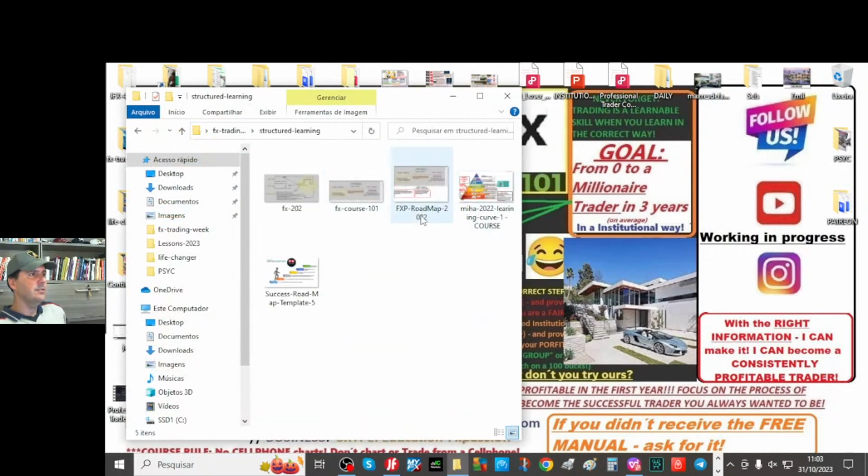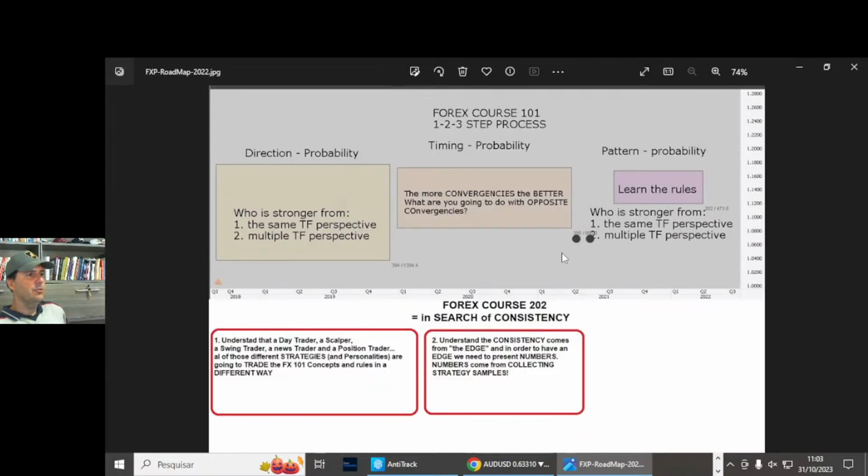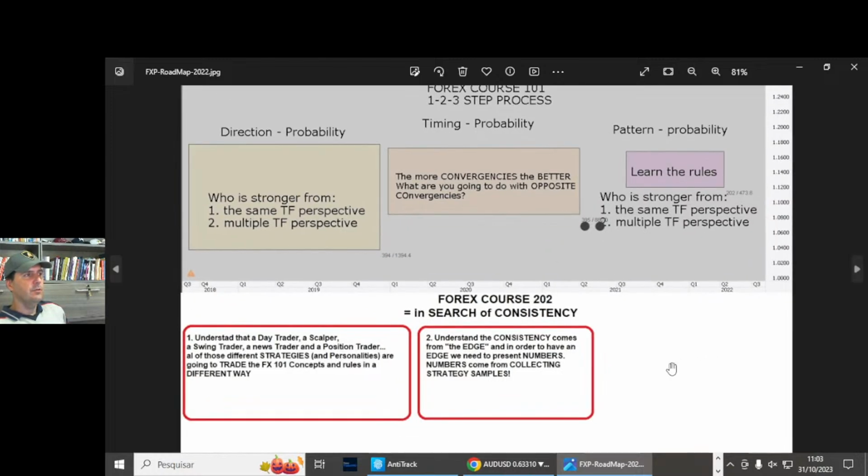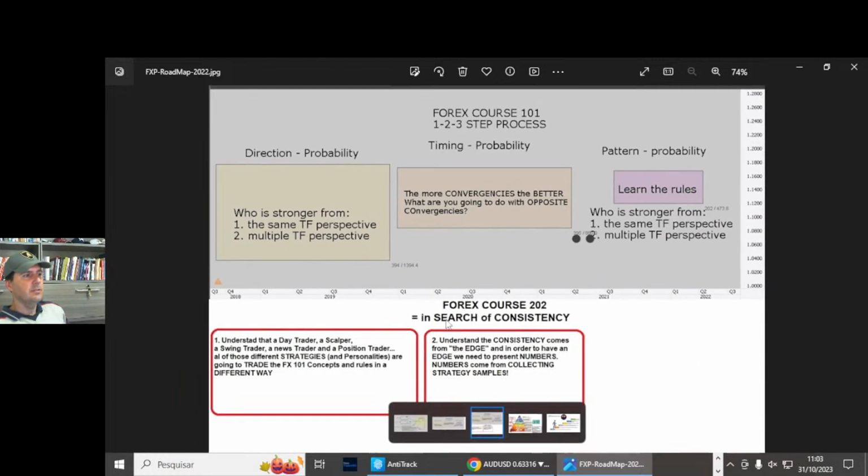All of this is structured learning, for you to understand. Forex course 101 is a 1, 2, 3 step process. All of this year was for you to understand direction in terms of probabilities.